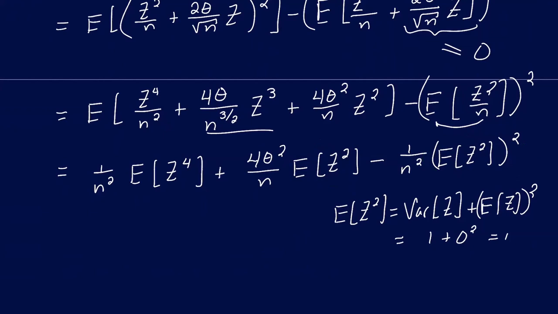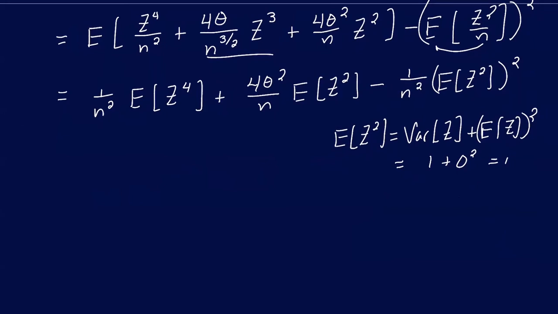The z to the 4th. I have 2 ways I could approach this. It seems like a very high power, and I don't want to put z to the 4th in front of the standard normal PDF and try to integrate. So one thing I can do is use moment generating functions. And this is the longer way to do this, but I did say I would do it 2 ways.